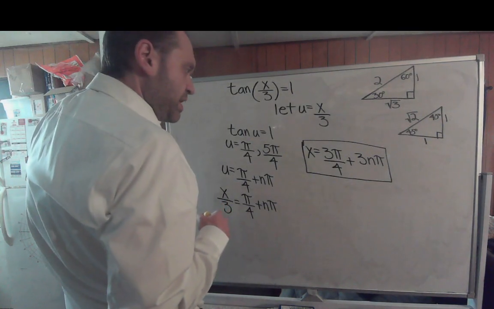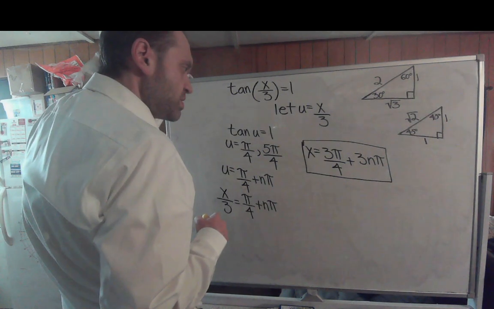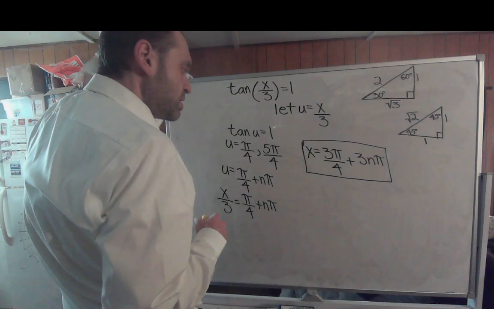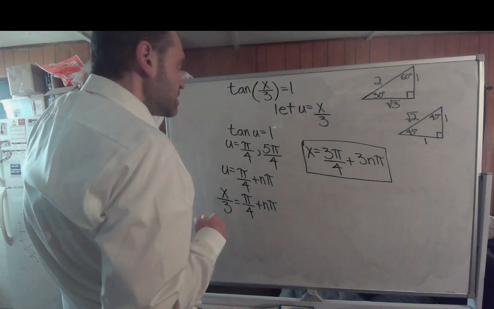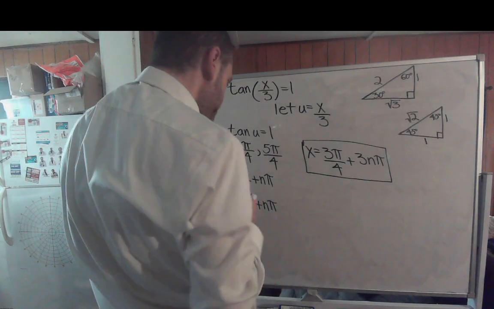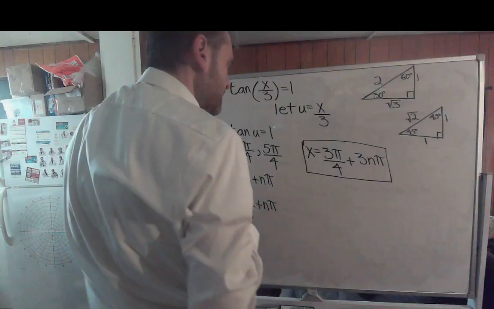Let's see, 3 pi over 4 plus 12 pi over 4, it's 15 pi over 4. But would that be accurate though? Let me look at something here.